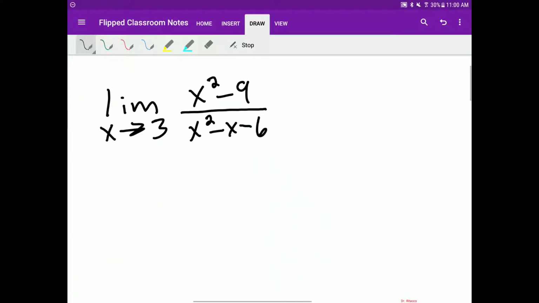Right, so if we have the limit of x squared minus 9 over x squared minus x minus 6.